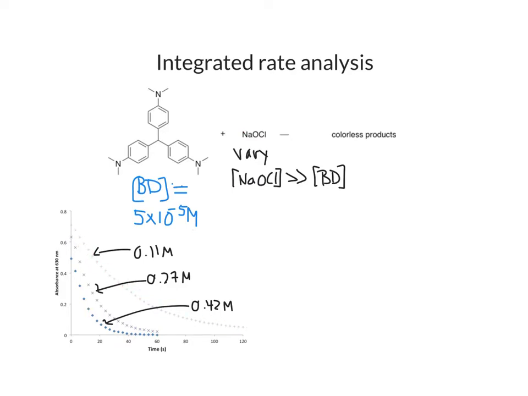For each curve, the bleach concentration changes, but within a given curve, I can assume that the bleach concentration stays the same as whatever it was at the beginning of that reaction.